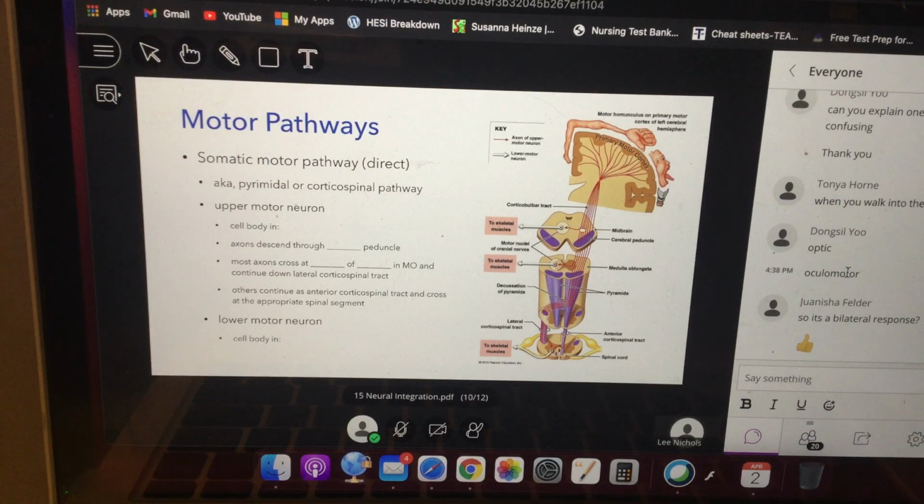motor pathway. It begins in the pre-central gyrus, those pyramidal cells, and their axons fire action potentials through a descending motor tract. Most of them cross at the decussation of pyramids and then activate an efferent motor neuron whose cell body is in that anterior horn of gray matter that then fires an action potential.